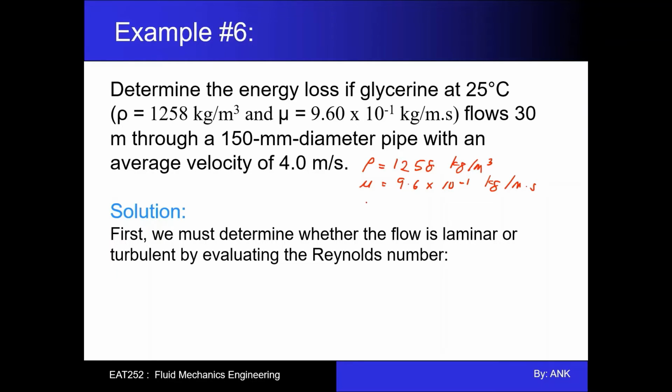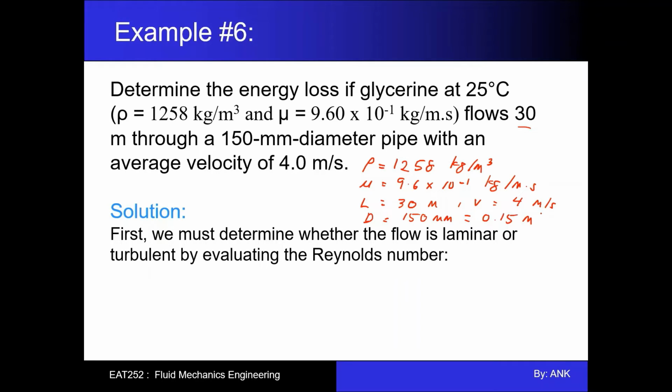The total length of pipe, L, is equal to 30 meter. The diameter of pipe is 150 mm, so we convert to meter and get 0.15 meter. And the velocity of flow is 4 meter per second.